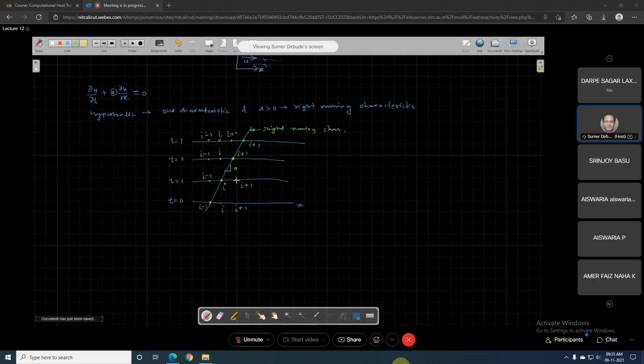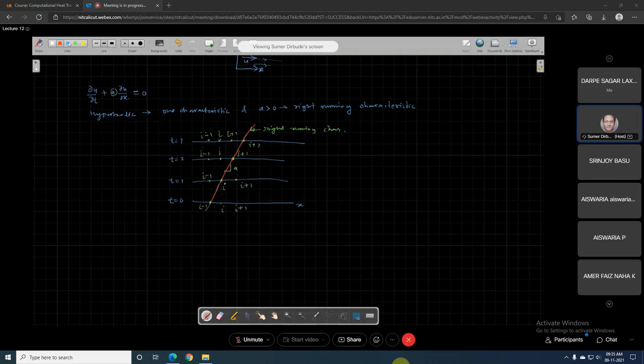So what do you see here? This characteristic moves from one grid location to the next grid location in the next time. Characteristic is passing through that.